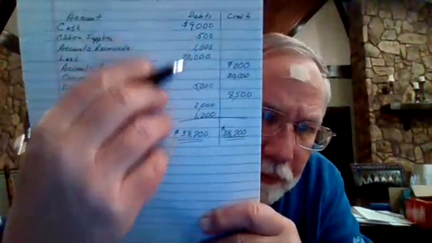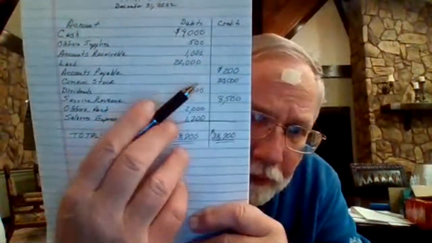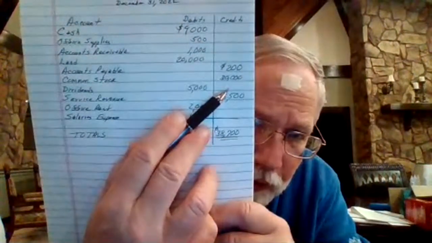Let's see. 100 plus 1,000 plus 8,200. 38,700. I'm happy it balances. So I add them up. I get 38,700 in debits, and I get 38,700 in credits.